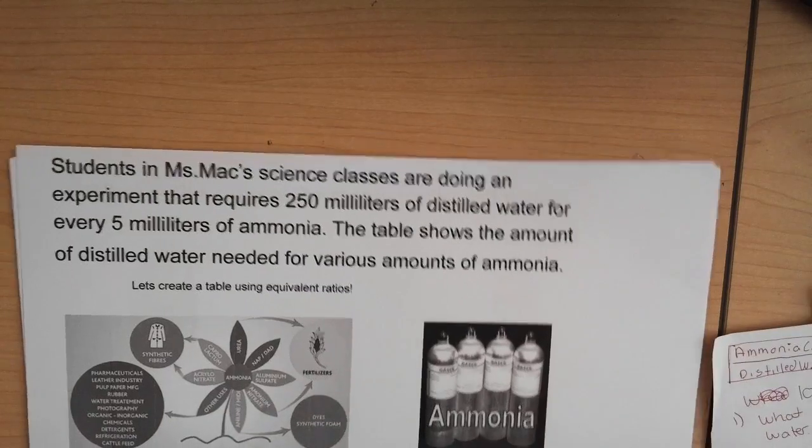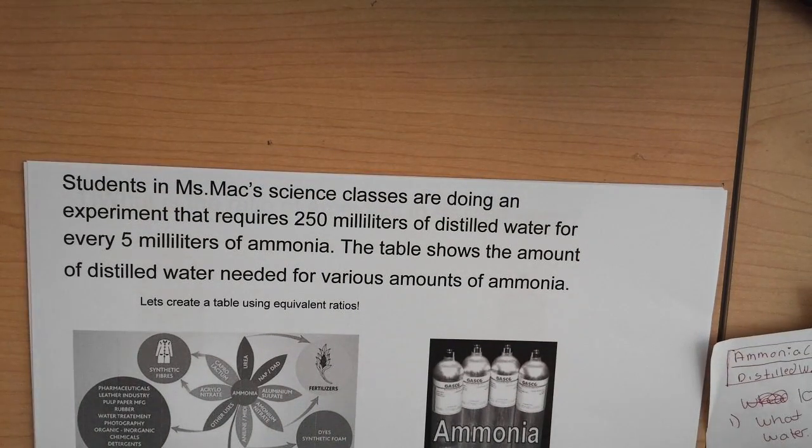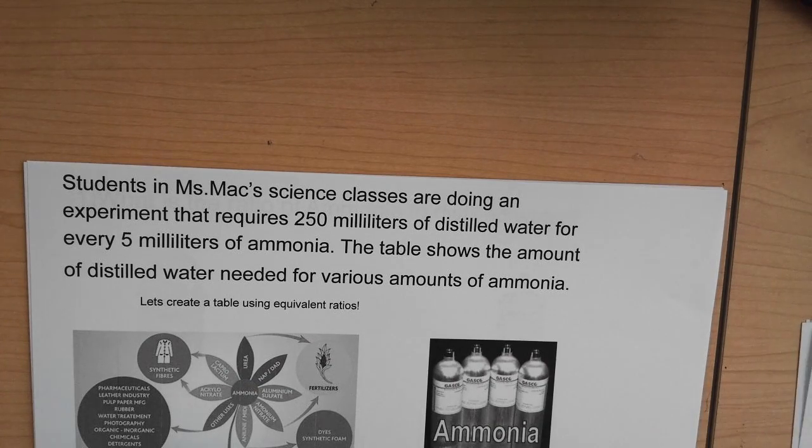Students in Miss Mac's science class are doing an experiment that requires 250 milliliters of distilled water for every 5 milliliters of ammonia. The table shows the amount of distilled water needed for various amounts of ammonia. So we want to create a table with equivalent ratios.